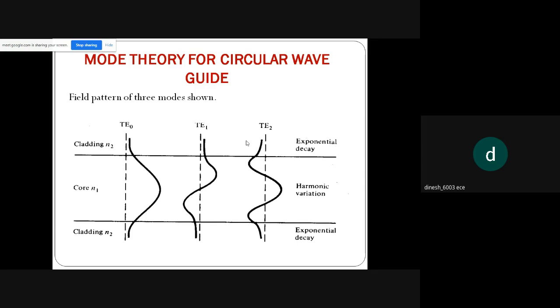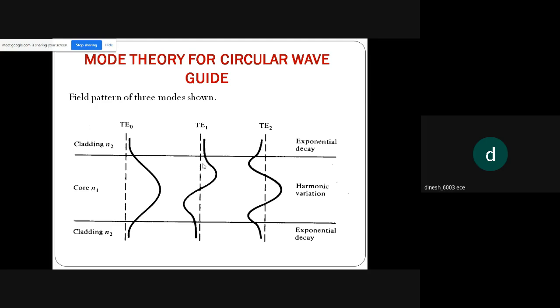Okay, and these three field patterns are having good propagation of optical signals in mode theory, whereas TE7 and the remaining which are not shown here, TE5, 7, 10, 11, 12, 13, 15 and 17 are all leaky modes, where they tend to have more crossings.